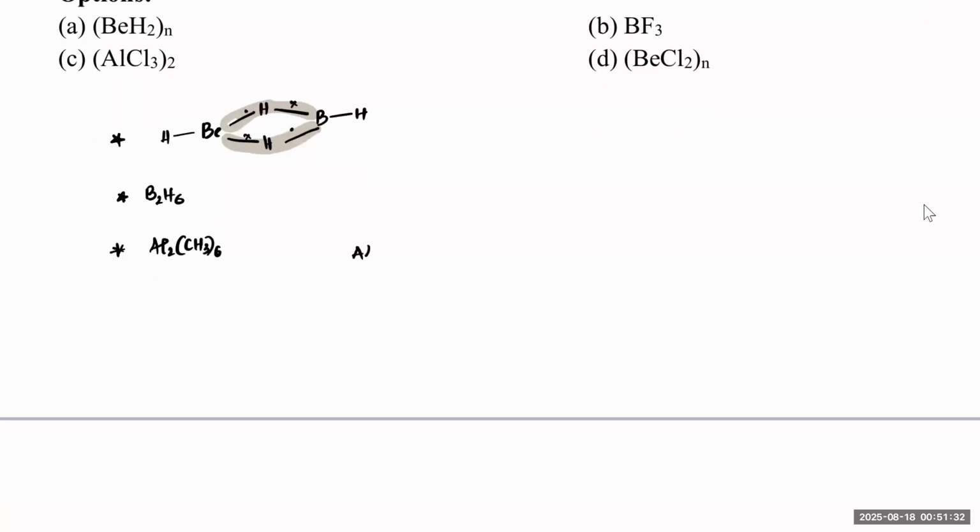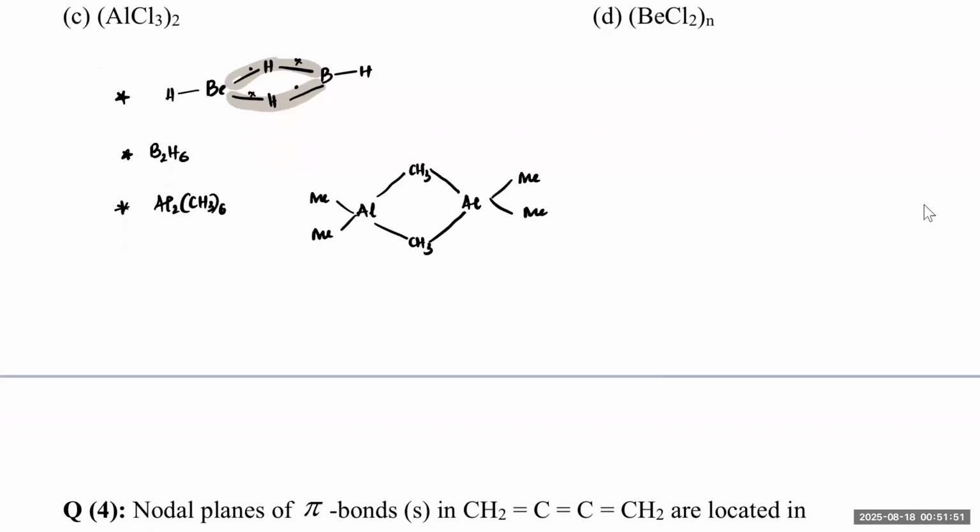So just like this one, we have methyl groups, two methyl here, two methyl here, and there is one methyl here like this. Methyls are also like hydrogens only because carbon is not carrying any lone pair. So here you will see one electron and one electron here and one electron.